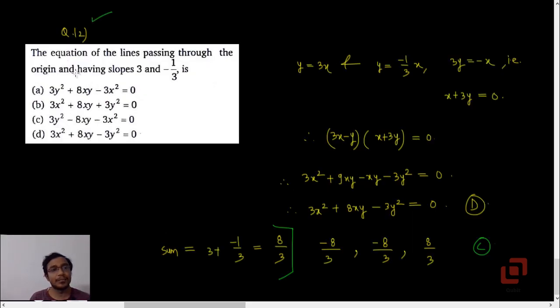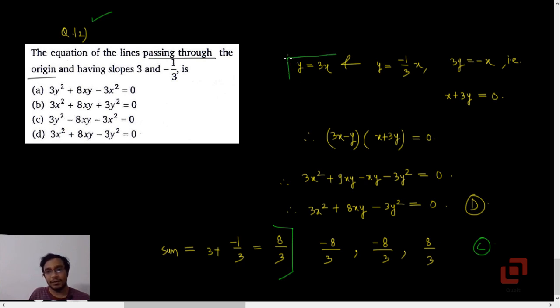Question 12. The equation of the lines passing through origin and having slopes 3 and minus 1 upon 3. A very simple MCQ. From the slopes you have to get the equations, and because these lines pass through origin, the constant term will be absent in their equations.